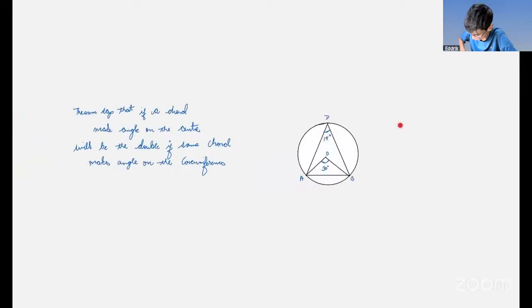That if a chord makes an angle. So what this theorem is trying to say is that a common chord, AB, can make two angles, AOB and ADB.